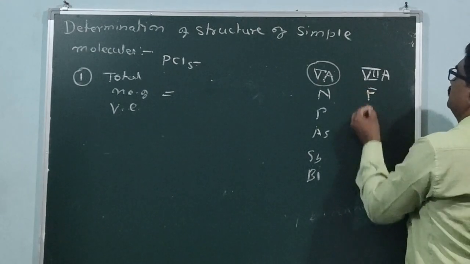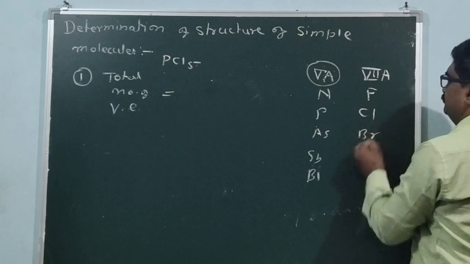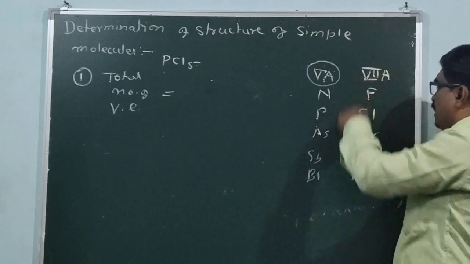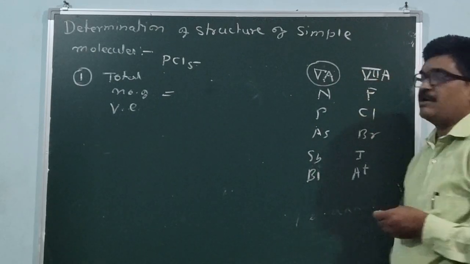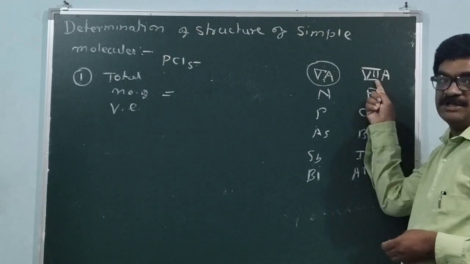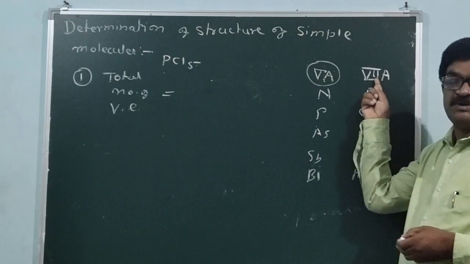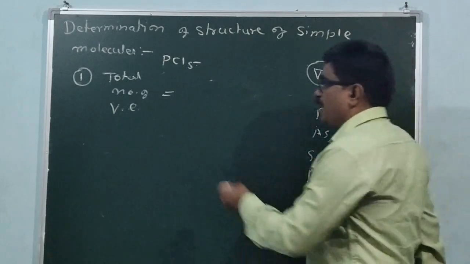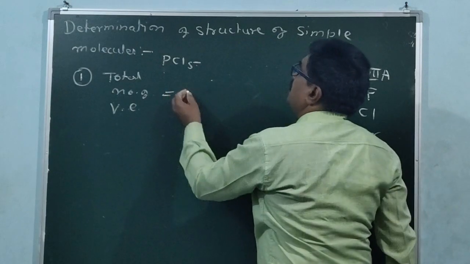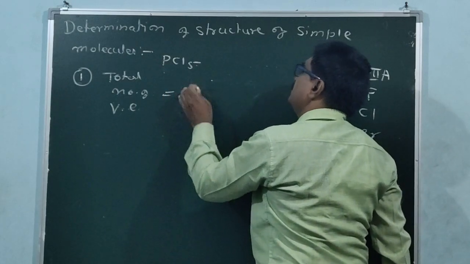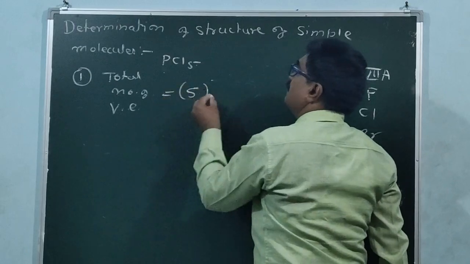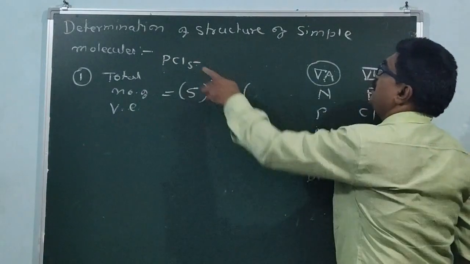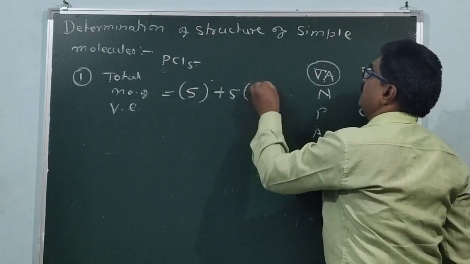All atoms in that family will contribute 7 electrons. So phosphorus will contribute 5 electrons, plus there are 5 chlorine atoms, each contributing 7 electrons.